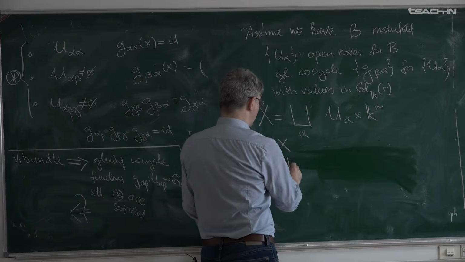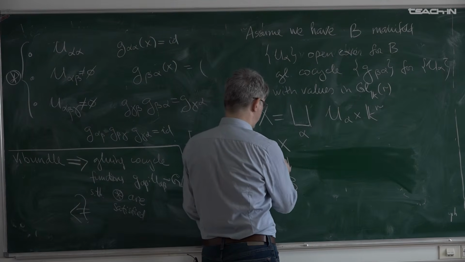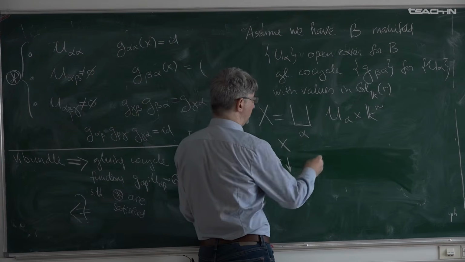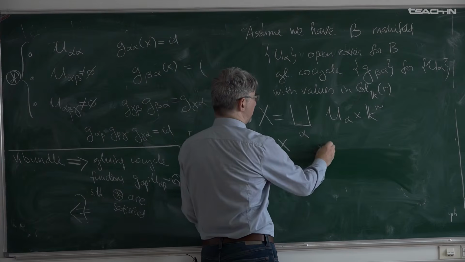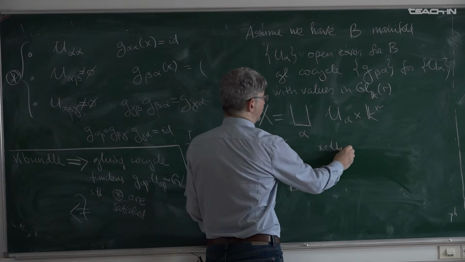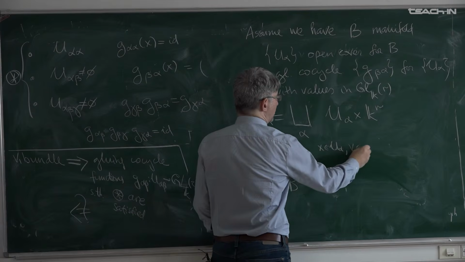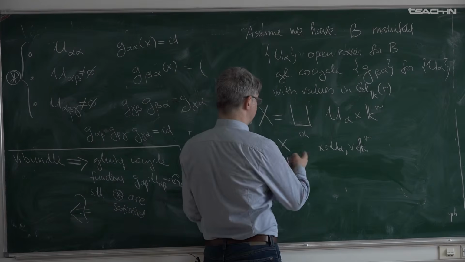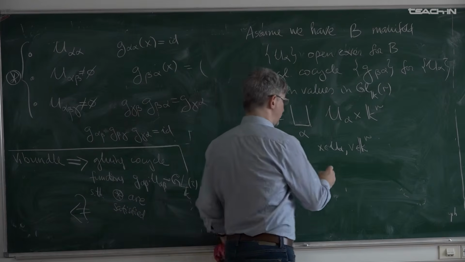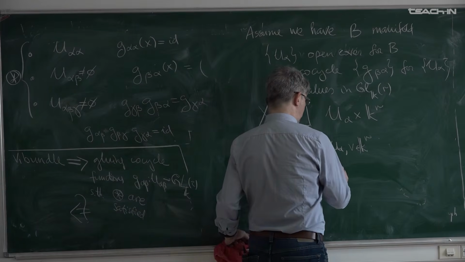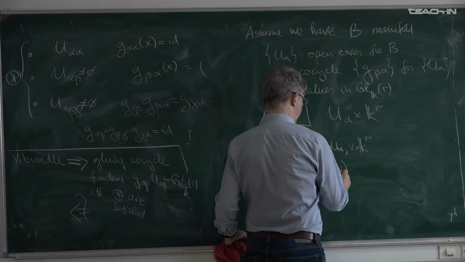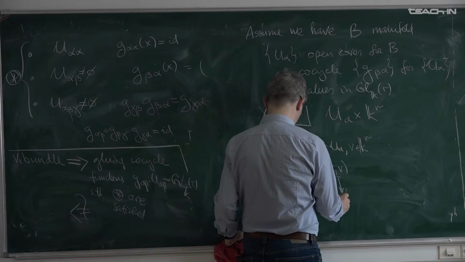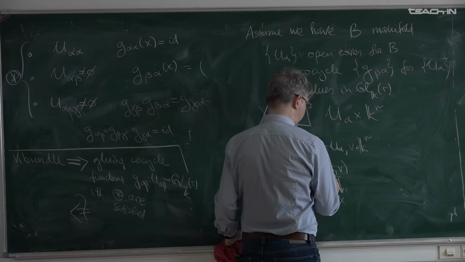The projection from X to B is defined in a very simple way. You take x, which belongs to U_alpha, and a vector v, which belongs to k^r. This pair projects to the point x.